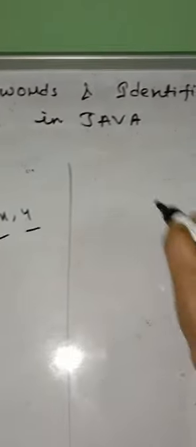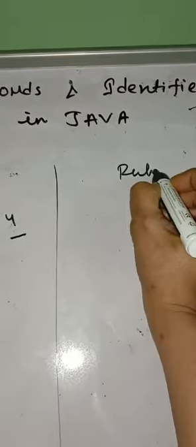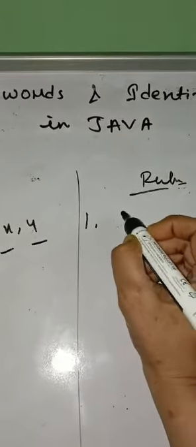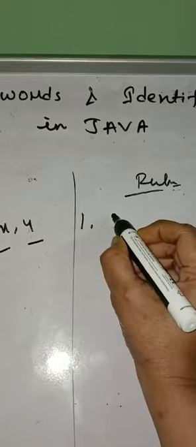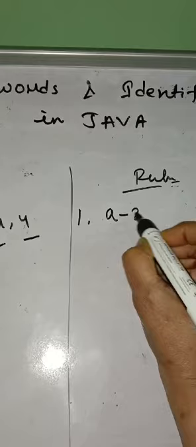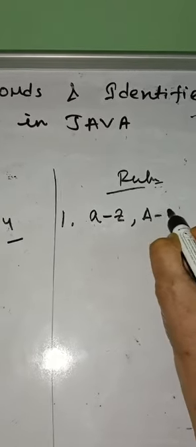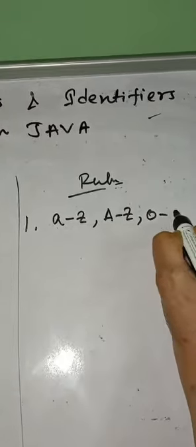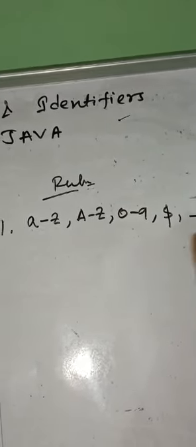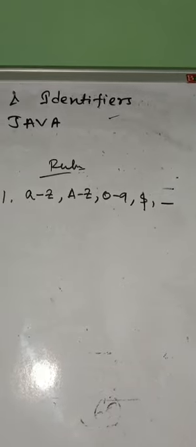What is the rule? The first rule is that it should be a unique name, and you should use the characters a to z, capital A to Z, or 0 to 9, and only two symbols you can use: one is the dollar and the second one is the underscore.